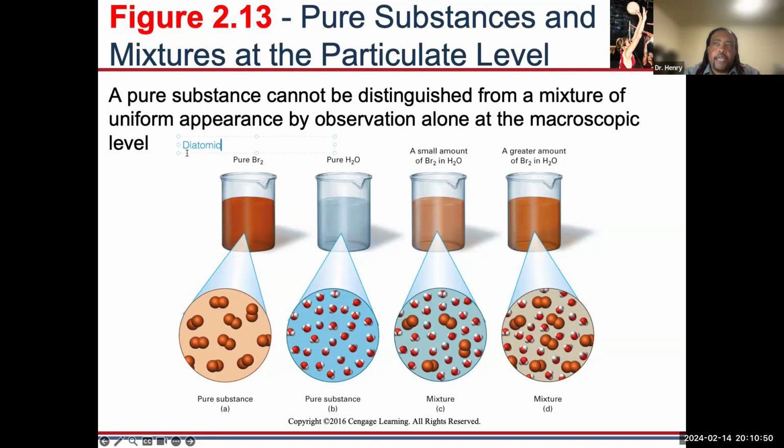Okay. Diatomic means two atoms. Di means two, and atomic means atoms. So bromine is one of the 7 diatomic elements.